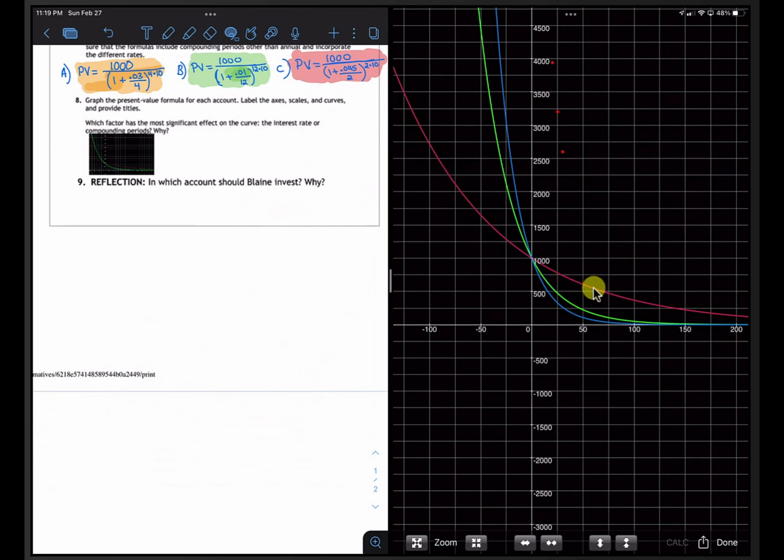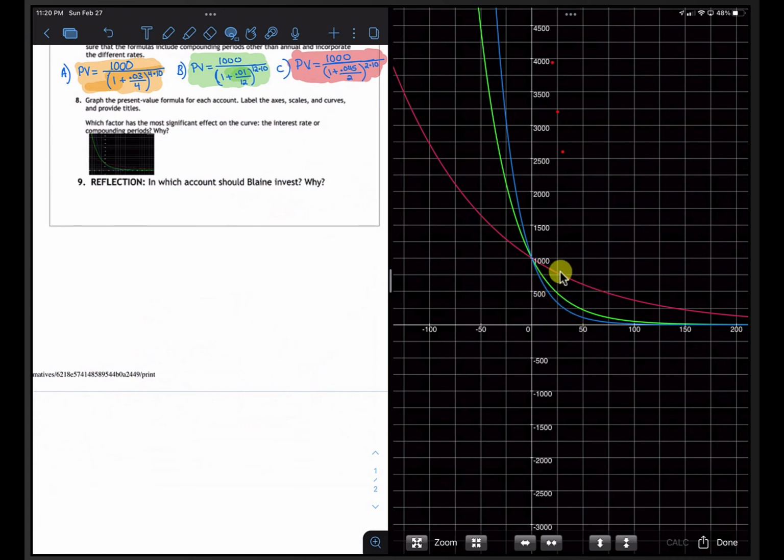So it says which factor has the most significant effect on the curve. And I'm going to say that is the interest rate. The 4.5% is the curve that is decreasing the fastest. And the 3% is decreasing the next fastest.